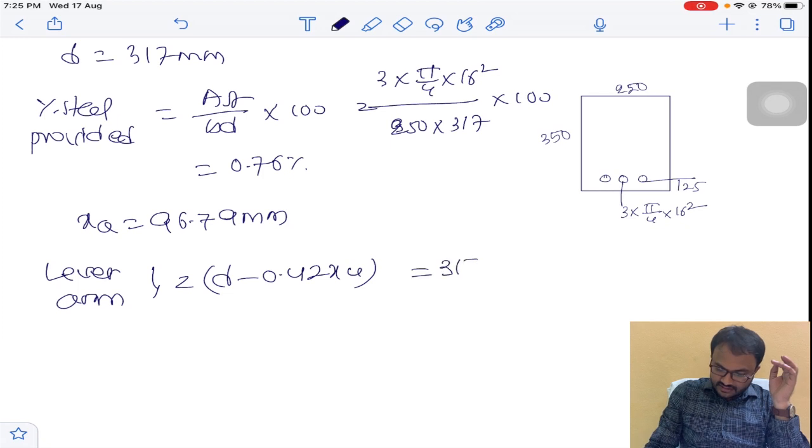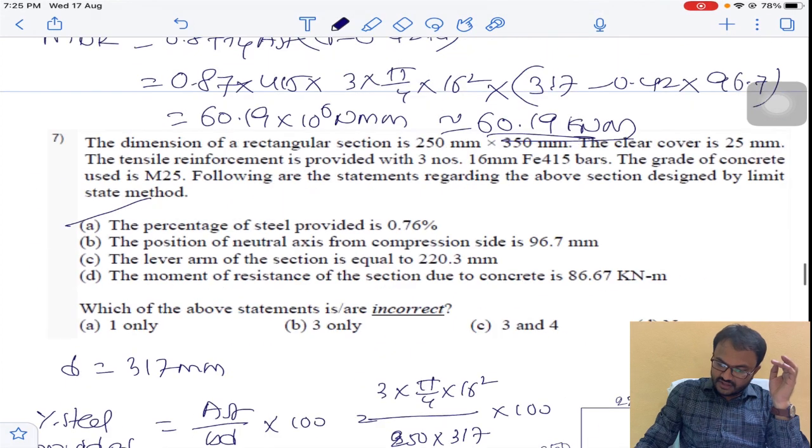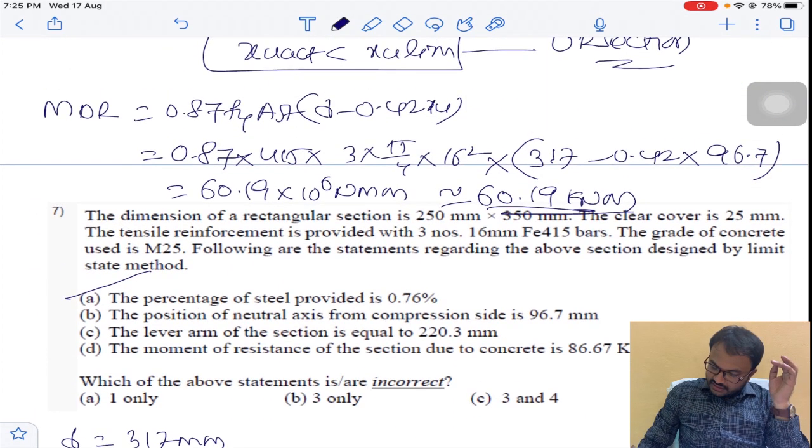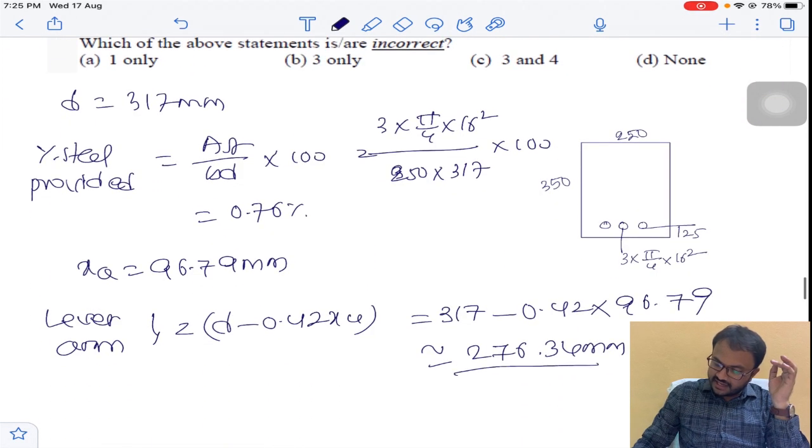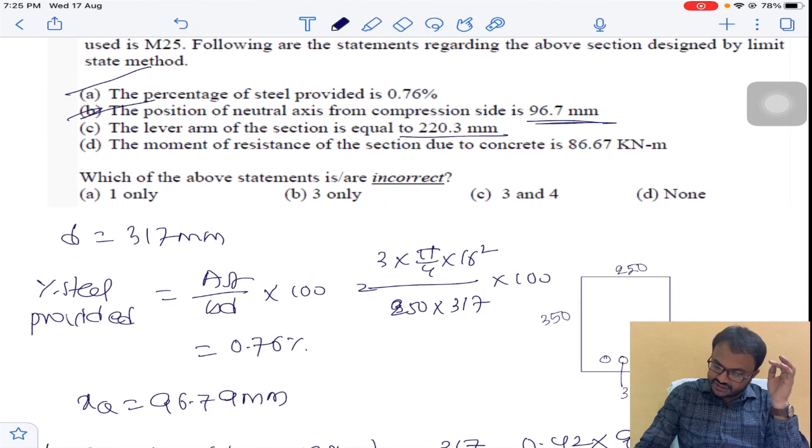So that is 317 minus 0.42 into XU, XU is equal to 96.79. Approximately you will get 276.34 mm. So the depth of neutral axis 96.79, it is also correct. Statement B is correct. And lever arm we calculated 276, but he has given it is 220. So statement C is wrong.